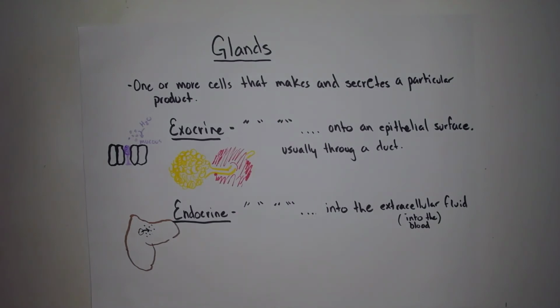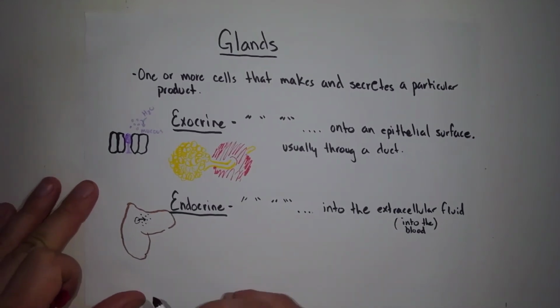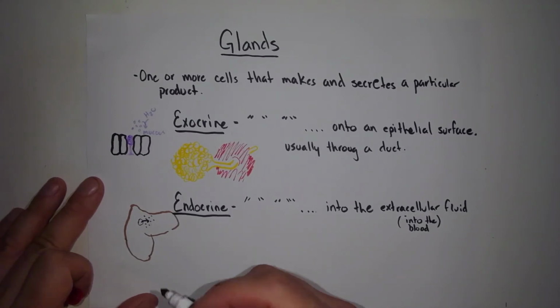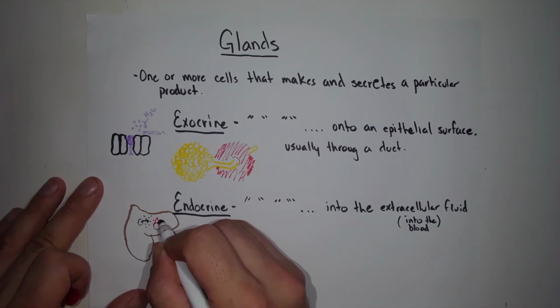And when those proteins or signaling molecules or enzymes, well, it's actually a zymogen in the case of angiotensinogen, these products are going to make their way into the bloodstream.